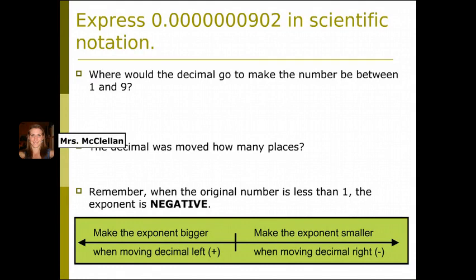Express 0.000000902 in scientific notation. First thing we want to know is where would the decimal go to make the number be between 1 and 9. Well, your decimal point is always going to go after the first non-zero number, which in this case is 9.